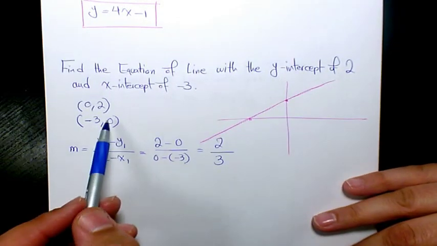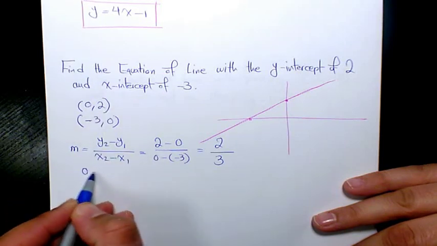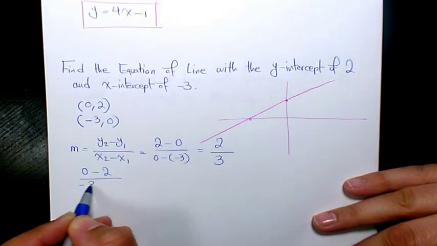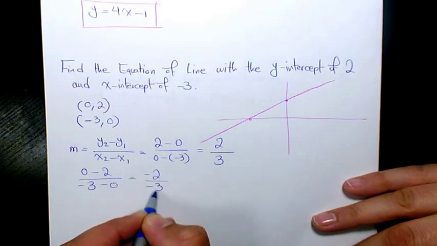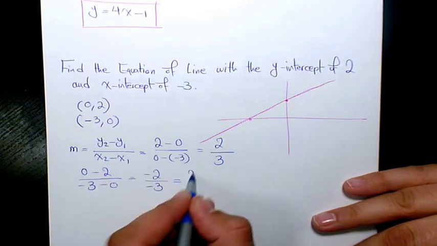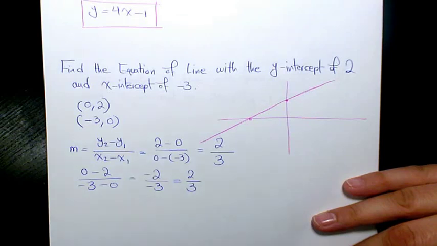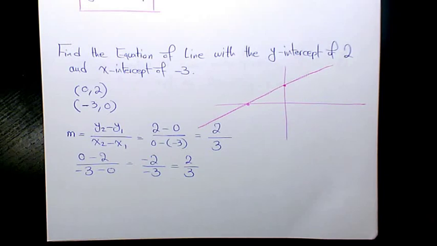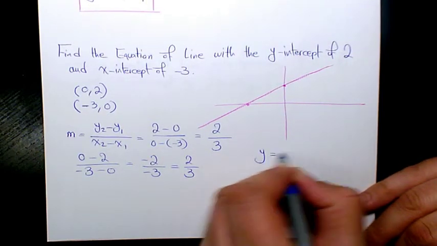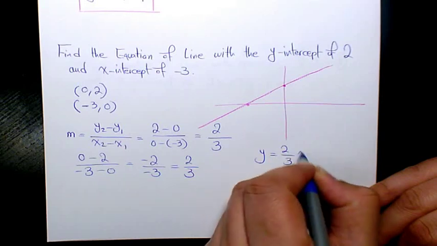You could also write it the other way around. You could say 0 minus 2 divided by negative 3 minus 0, which is going to be negative 2 divided by negative 3. When you cancel them out, it's going to be again 2 over 3. So it doesn't matter which one you select as the first point, which one is going to be the second point. So far we have y equals 2 over 3 x plus b.